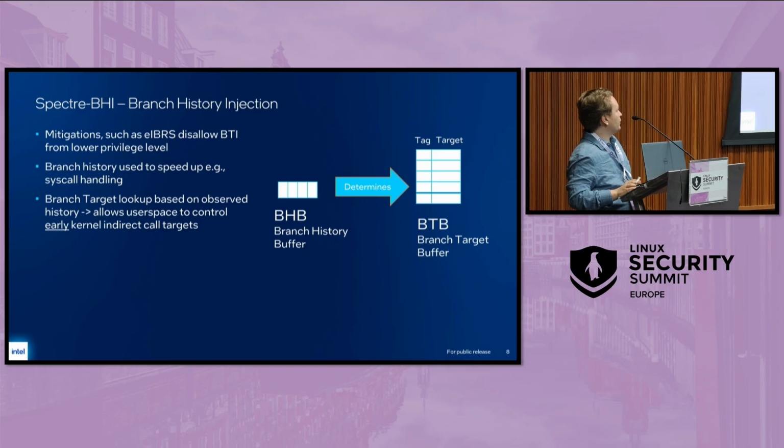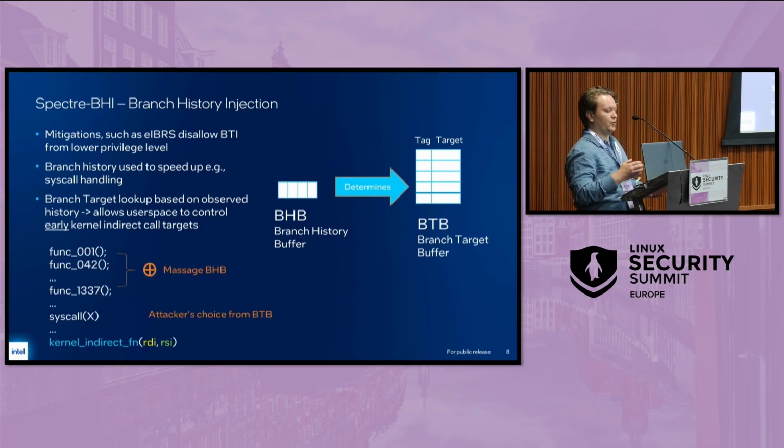One note is that it only works in practice for early indirect calls in the kernel, because if you have a bunch of other things going on in the kernel, the branch history buffer will be filled with whatever is in the kernel. In any case, there are ways to circumvent the mitigations that are in there.